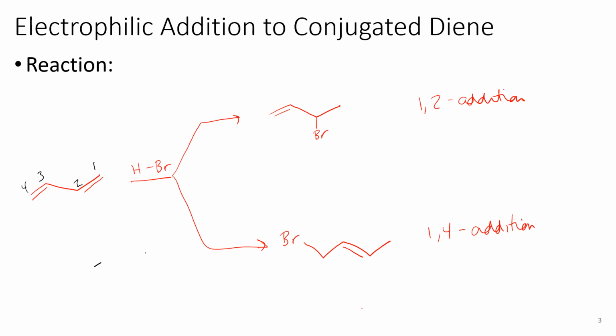Where are the species adding? So for the 1,2 addition, we're adding the hydrogen in position 1. We're adding the second nucleophile, the bromide ion, in position number 2. For the 1,4 addition, we're adding the initial hydrogen in position number 1, and we are adding the halide in position number 4. So keep in mind this discussion of 1,2 and 1,4 has nothing to do with nomenclature.